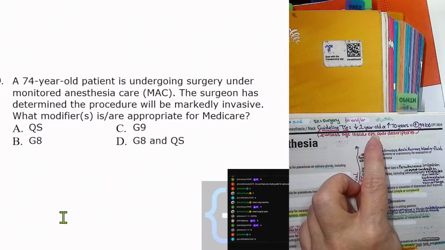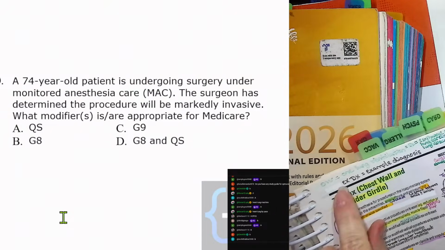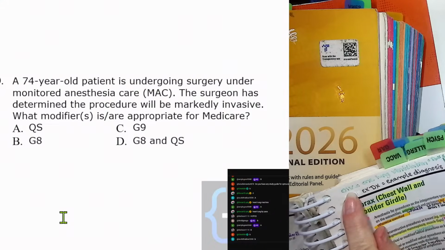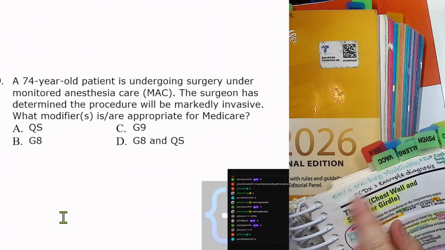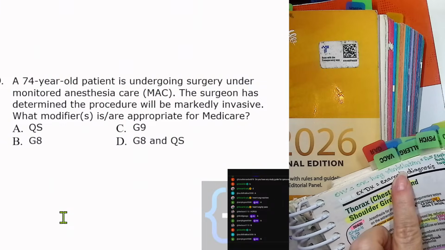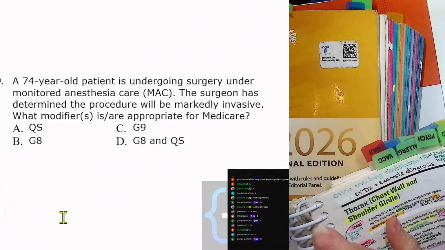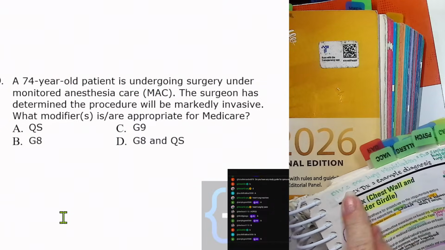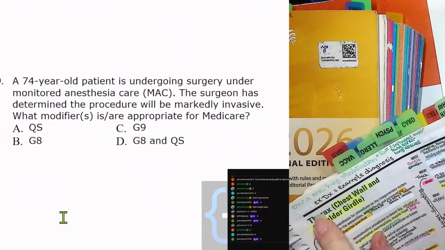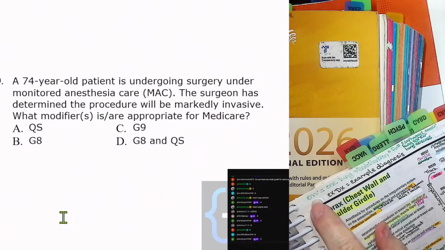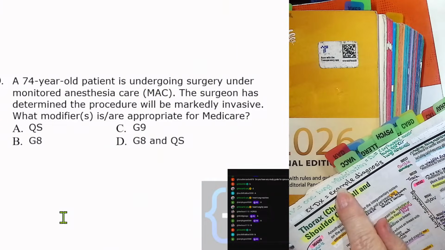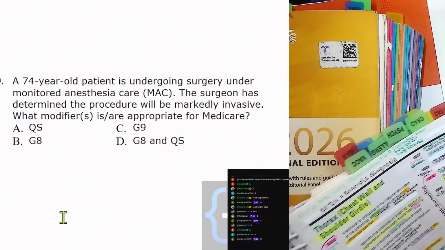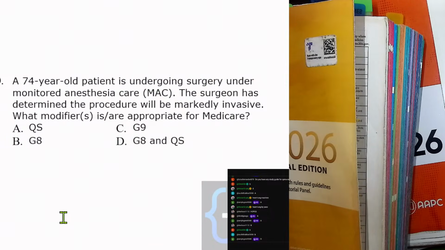The acronym OLV, I have that written in because that is an acronym for one lung ventilation in anesthesia, and it's usually something that they ask on the CPC exam. But if you don't know what the acronym OLV means, then it could be hard to pick out the right code for that too. So I have that up there too.